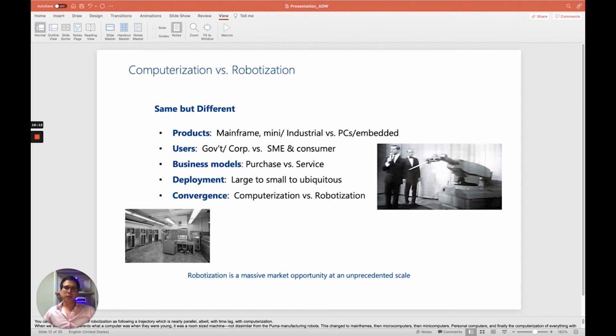While they do share a similar, if not the same, trajectory, robotics may take slightly longer due to the complexity of cyber-physical systems versus straight digital systems, and the inherent complexity of robotics relative to just computing.